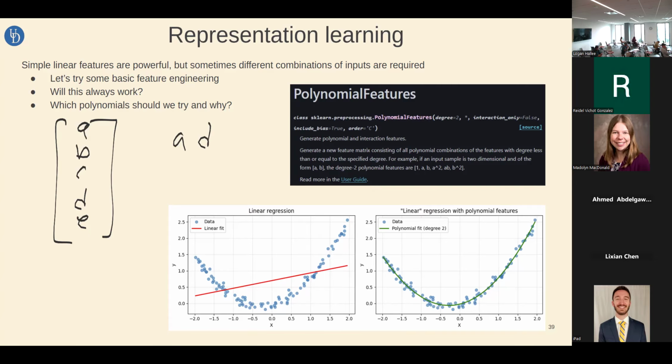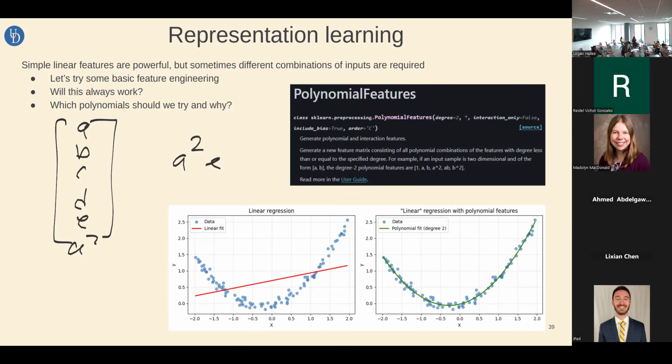But what if the fundamental correlation, for some reason, maybe this even has to do with, I mean, we're measuring a physical process, and there's a law of physics here that involves a quadratic. Maybe the fundamental correlation happens to be between A squared and E. In this case, our linear model will fail, but in some ways, we can actually still use a linear model if we just add A squared as a feature.